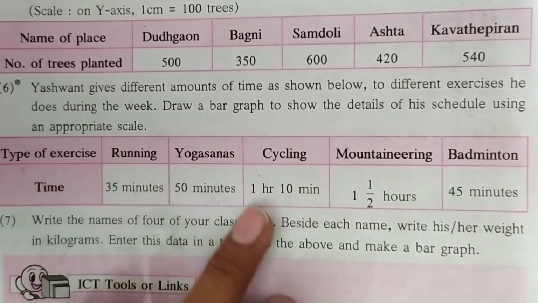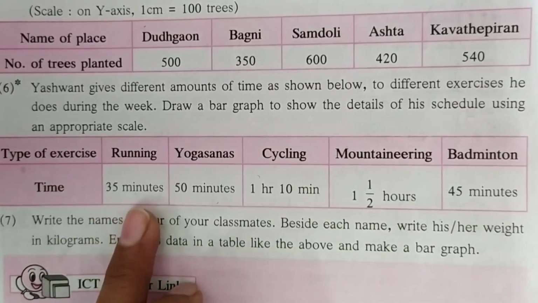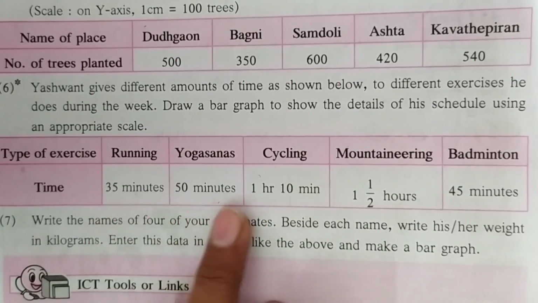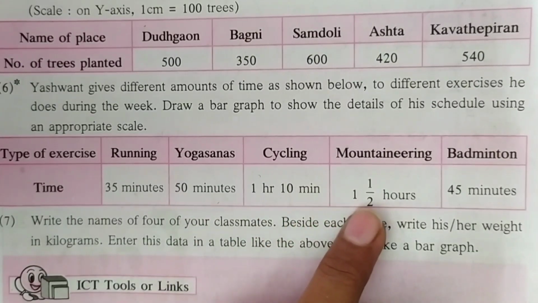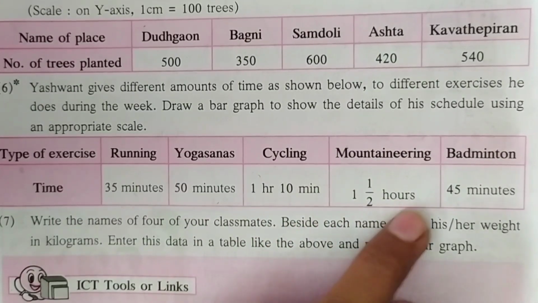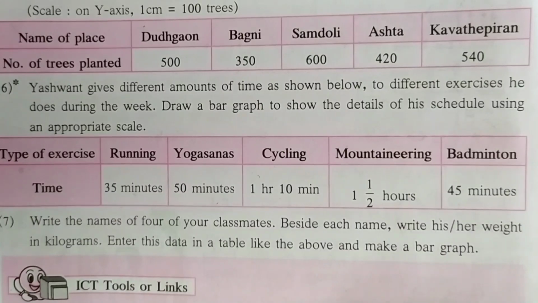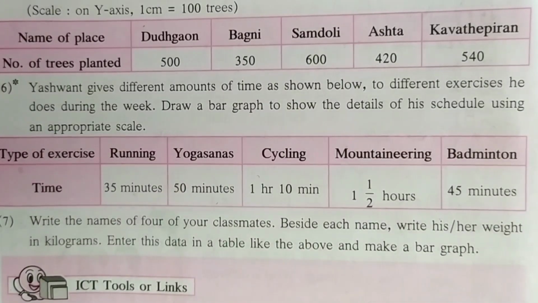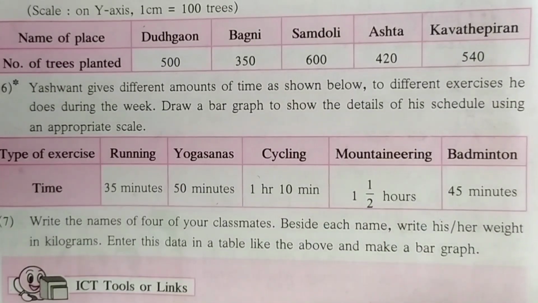These are the types of exercises, and the time given is 35 minutes, 50 minutes, 1 hour and 10 minutes, 1.5 hours and 45 minutes. They don't give us a scale. They tell us to use an appropriate scale for it.